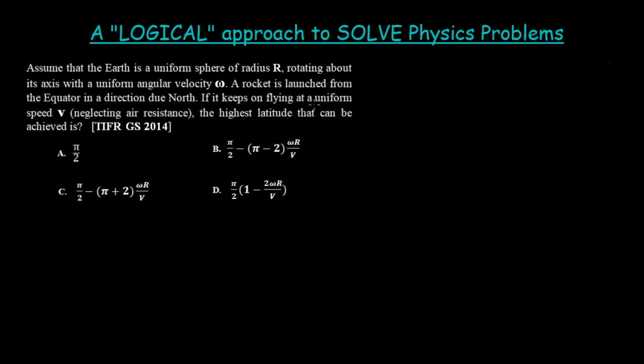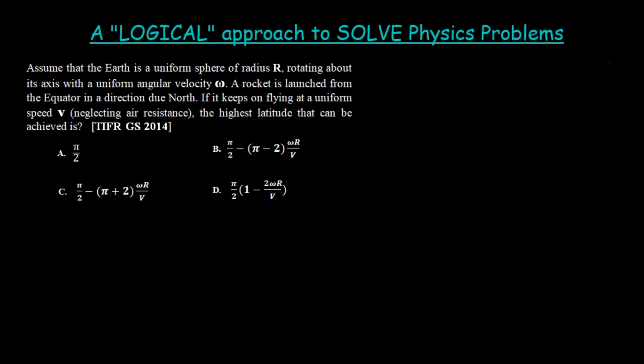If it keeps on flying at a uniform speed v, neglecting air resistance, the highest latitude that can be achieved is?